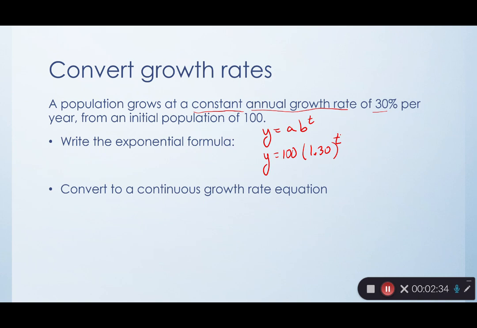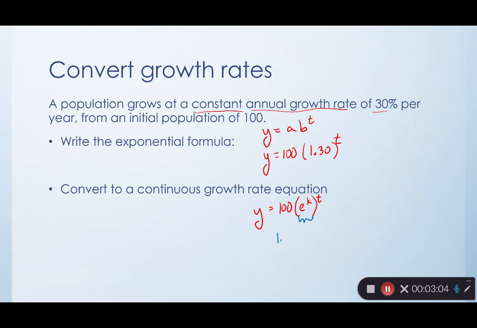Now, we can convert this to a continuous growth rate formula by basically saying, okay, I want this to be e to the kt, but I remember when you raise a power to a power, you multiply the powers. So I can think of this as e to the k, to the t. So then that means we're really only interested in this part, because everything else is the same between the two formulas.